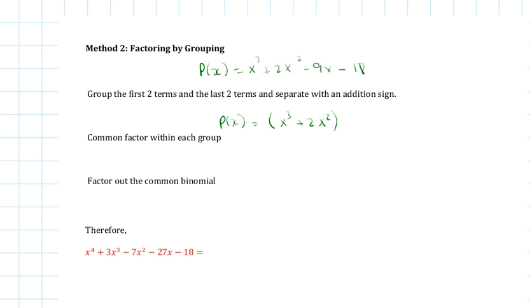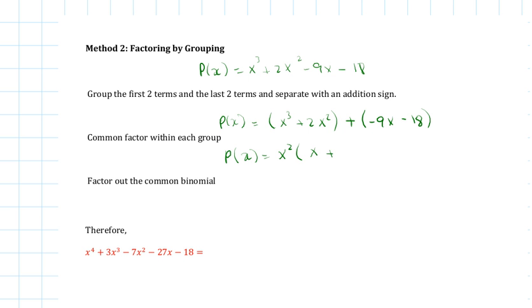So I have x cubed plus 2x squared, and then I have a plus minus 9x minus 18.